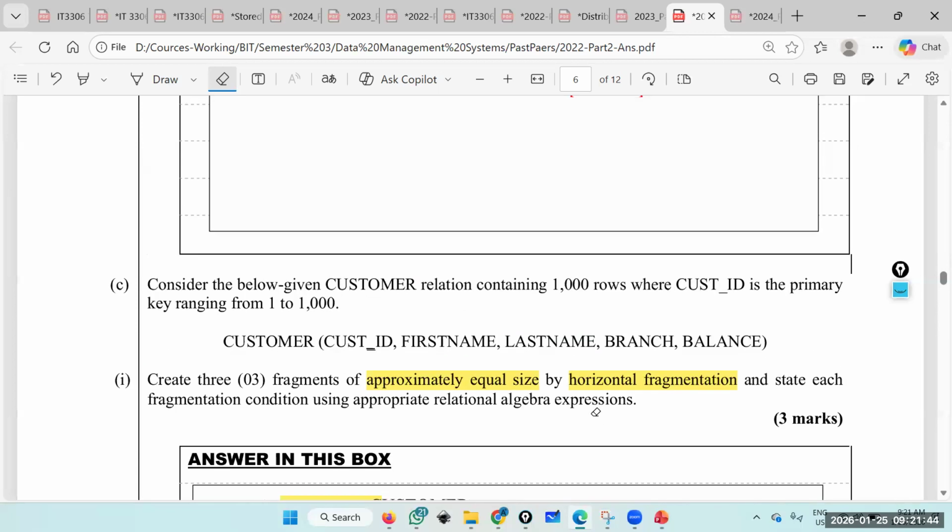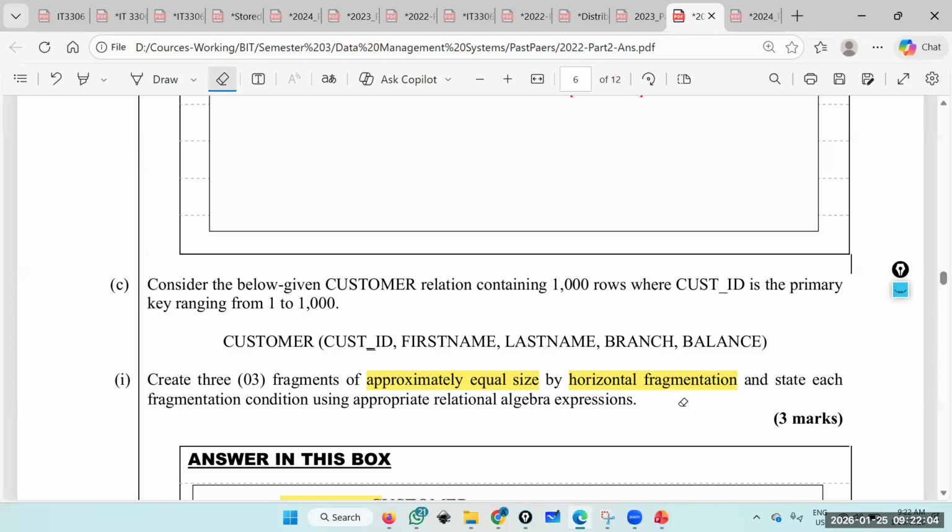So consider the given customer relation containing 1,000 rows where customer ID is the primary key ranging from 1 to 1,000. Create three fragmentations of approximately equal size.